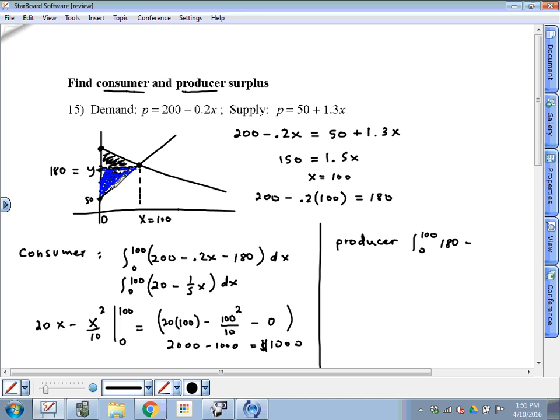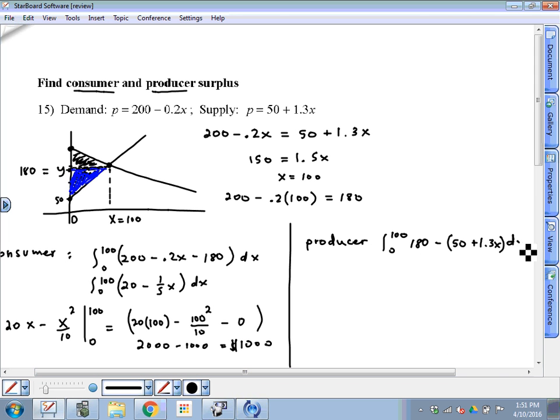And we subtract the lower function, which in this region is the supply function. So we're going to subtract 50 plus 1.3x. So simplifying and combining like terms, the integral from 0 to 100, 180 minus 50 is 130, minus 1.3x.